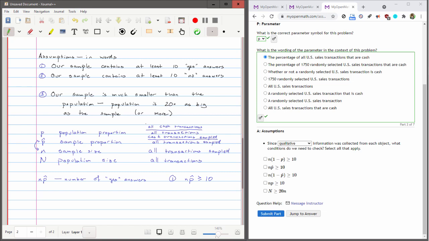Now, there's a little bit of algebra involved in this next part. You can either work through the algebra on your own or take my word for it. If we take n times 1 minus p hat, we get the rest of the transactions, the number of no answers.